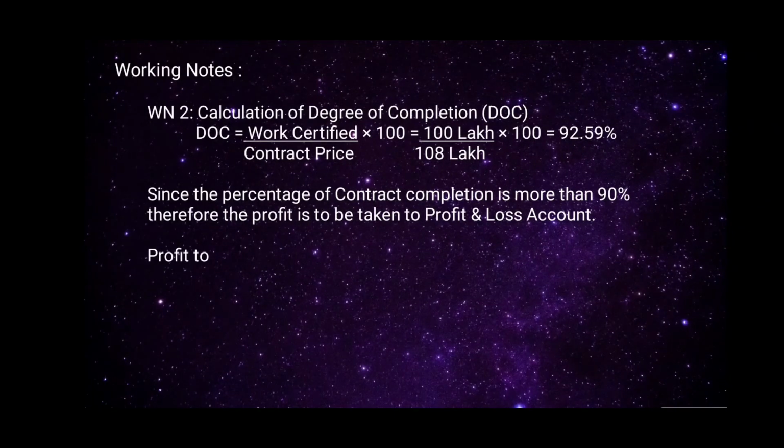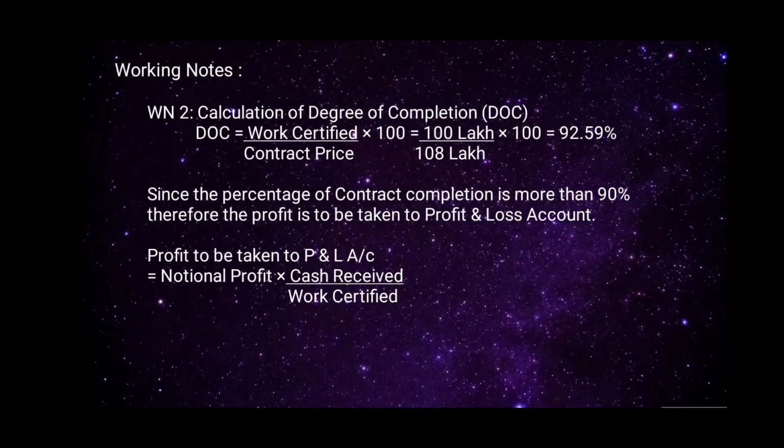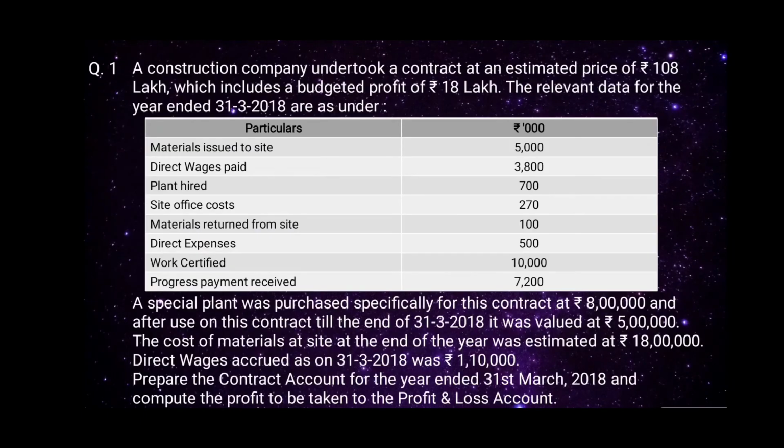Profit to be taken to profit and loss account is equal to notional profit into cash received divided by work certified into work certified divided by contract price, which is equal to notional profit, that is budgeted profit of 18 lakh.